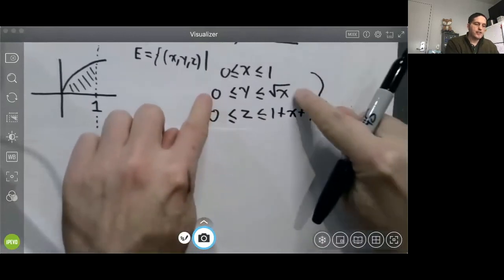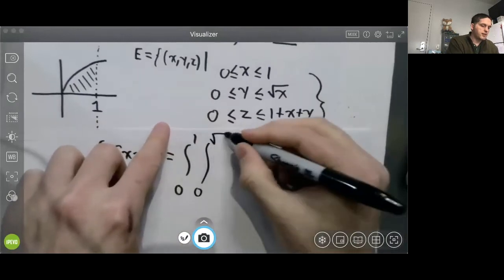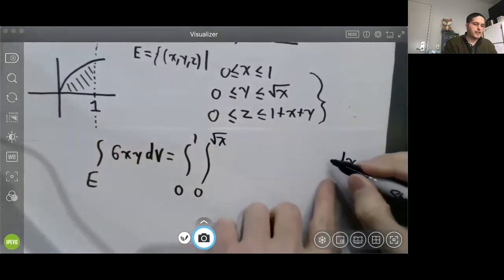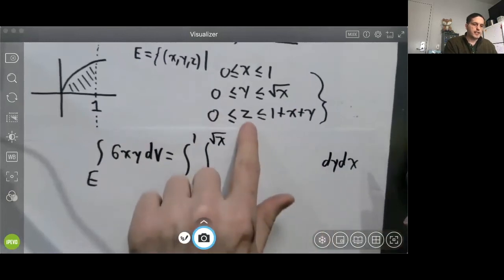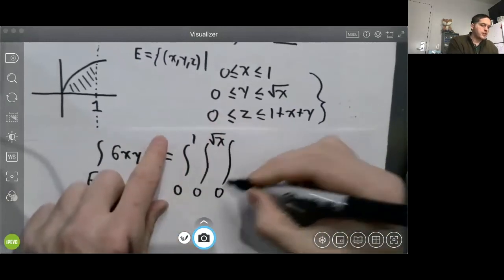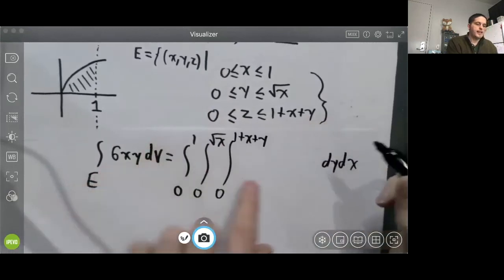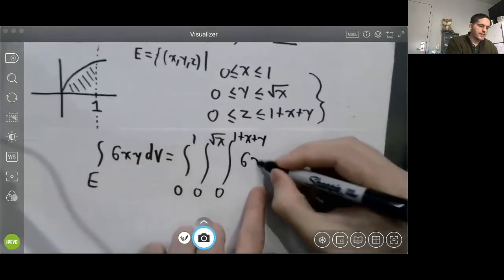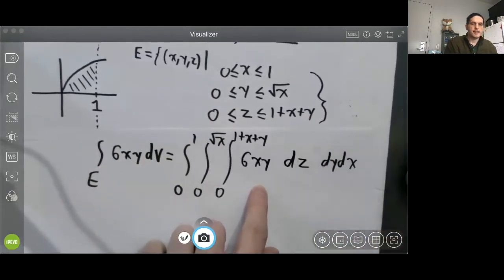And the next innermost integral goes from 0 to square root of x, and this integral is with respect to y. And then the innermost integral goes from 0 to 1 plus x plus y, and the function we're integrating is 6xy, and the innermost integral is with respect to z.